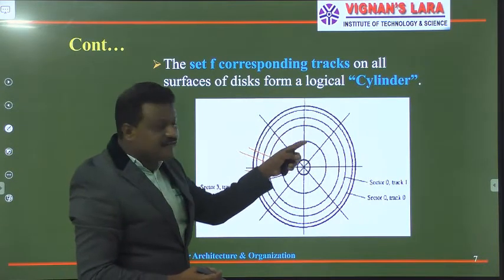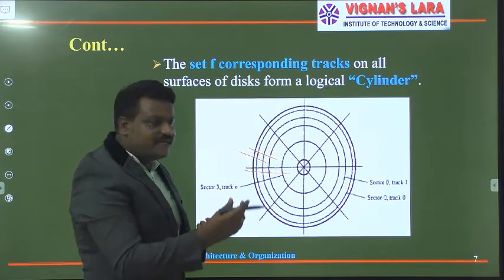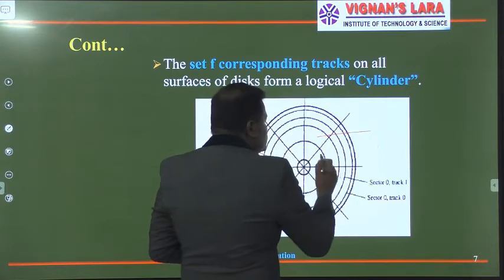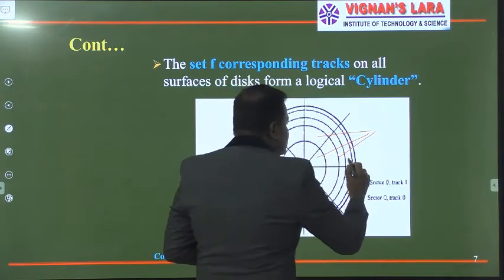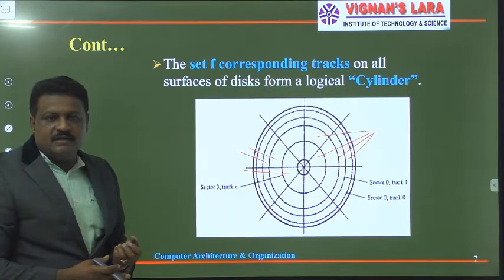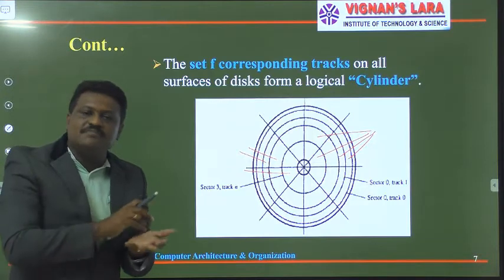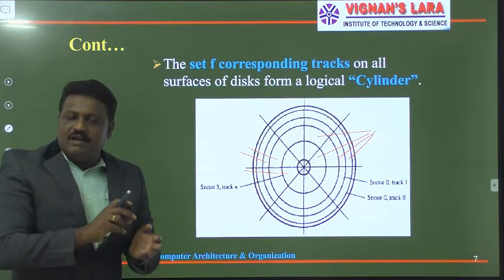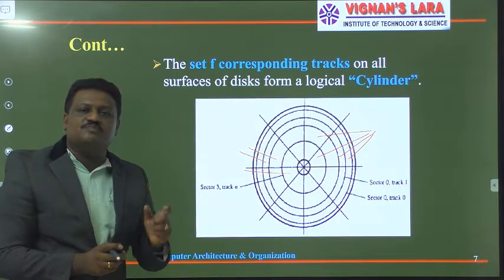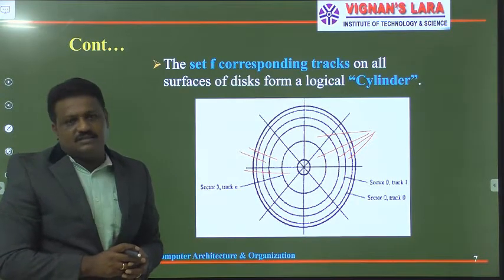Each track can again be divided into a number of partitions, which we call sectors. This is one sector, this is another sector, this is another sector. Like this, your magnetic surface is divided first into a number of tracks, and later each track is divided into small partitions, which we call sectors.